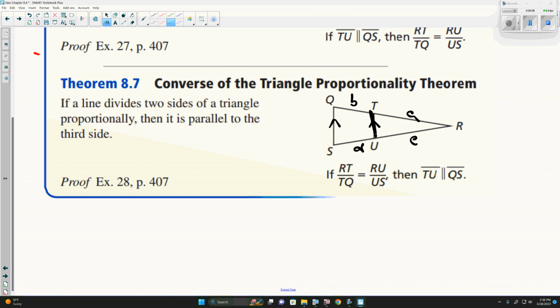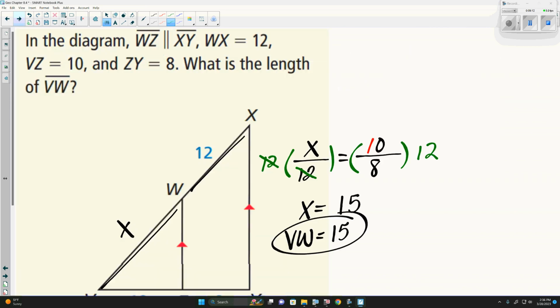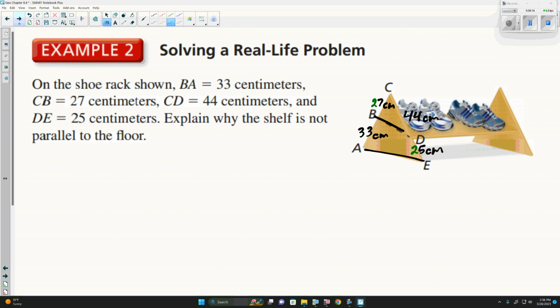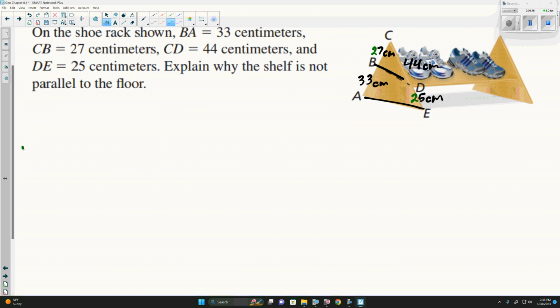Then these two sides are parallel. So looking at this here, if BD is going to be parallel to AE, the third side, then the parts that it cut have to be proportional.